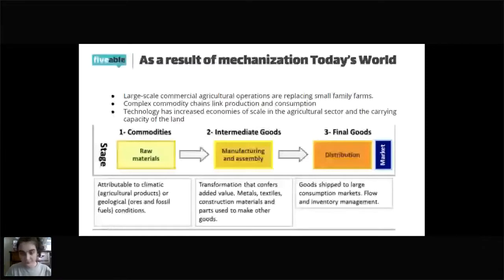Other technological advances would be chemicals that make the production and cultivation of plants way faster and will increase the carrying capacity of the land.